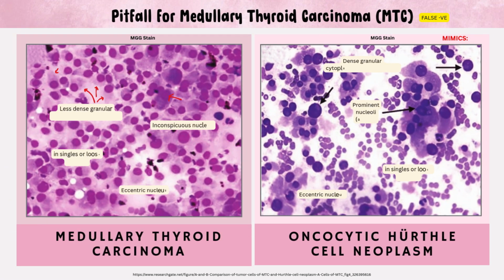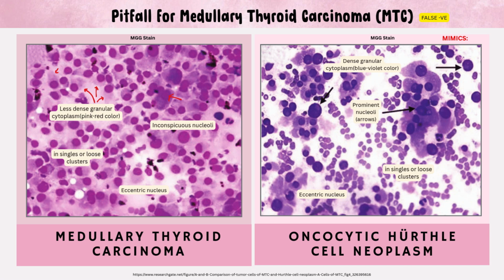This slide shows one of the pitfalls for MTC, which is oncocytic Hürthle cell neoplasm. According to our journal reference by Rossi et al. 2019, MTC is frequently misclassified as Hürthle cell neoplasm for its granular cytoplasm and tendency to appear in discohesive clusters.